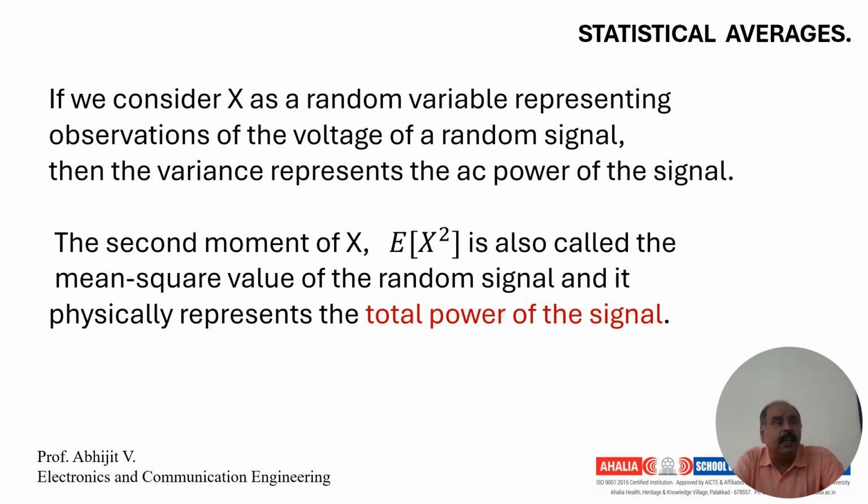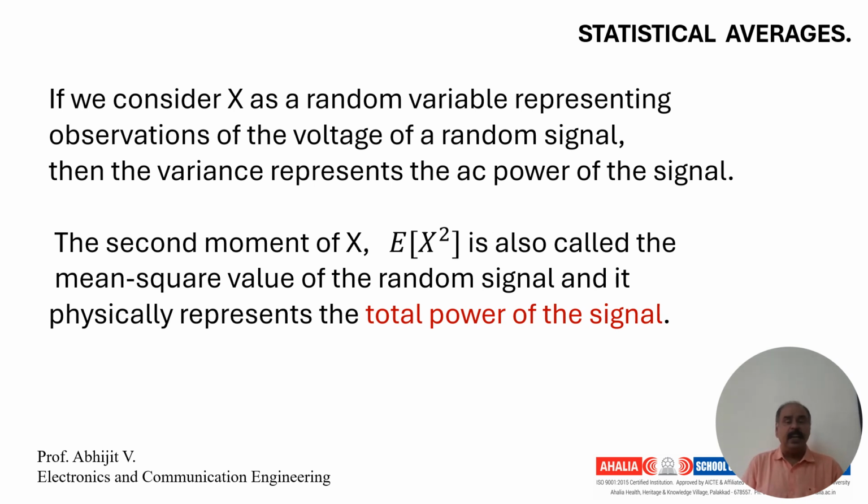Let us consider x to be a random variable that represents the observations of a voltage in a random signal, and we will be expecting that you will have an average. So the variance will determine the AC power of the signal. Why power? Because it is squared.